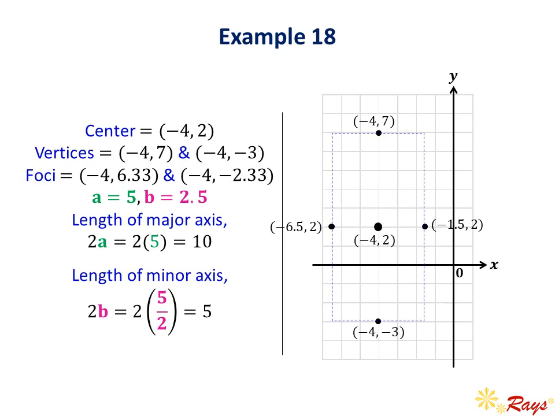And we can either draw a rectangle to make it easier for us to draw, or if you like, you can just right away draw the ellipse. So therefore, that's our ellipse. And the foci are here. So this is the graph of our ellipse.